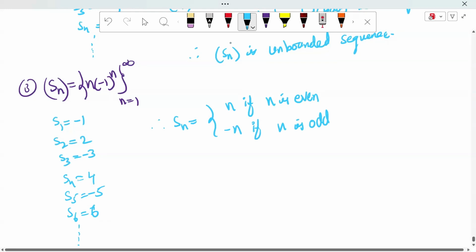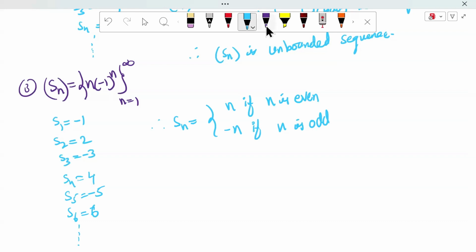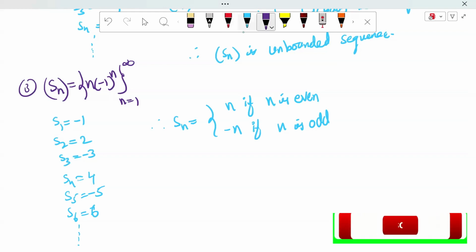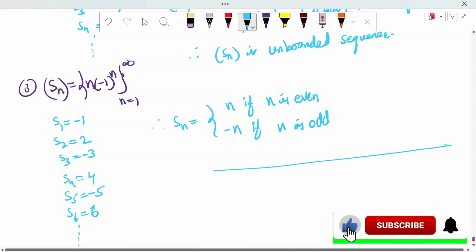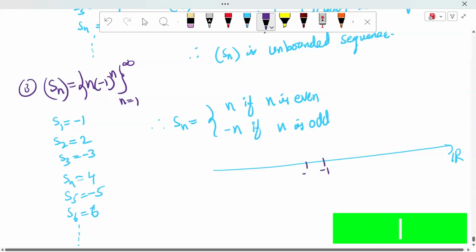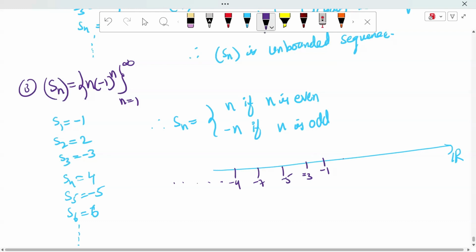Therefore, Sn is not bounded above and not bounded below. Why not? What is the range here? We draw the graph on the real line. Draw the real line, this is R. On it we mark minus 1, minus 3, minus 5, minus 7, and so on, and 2, 4, 6, 8, and so on.